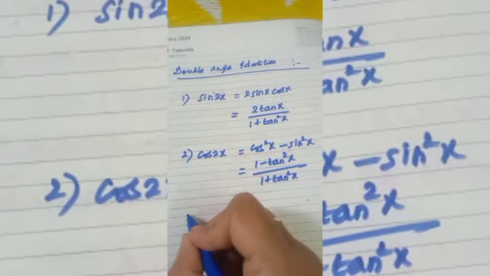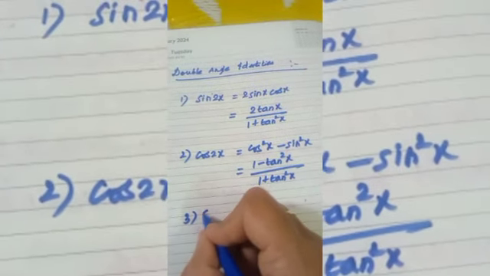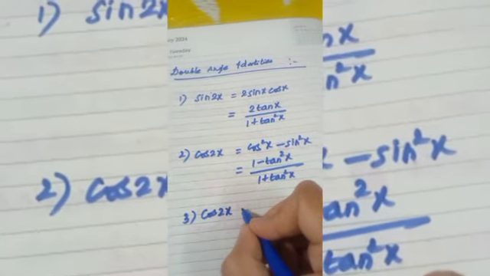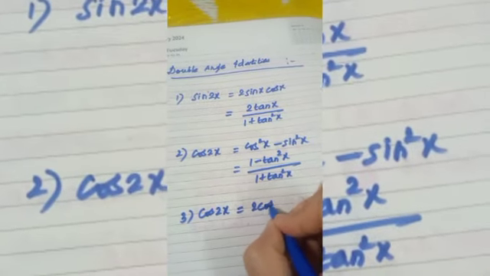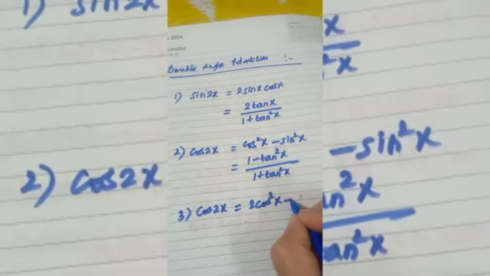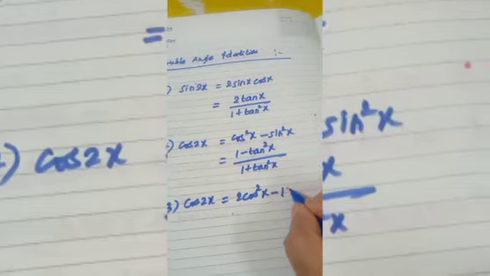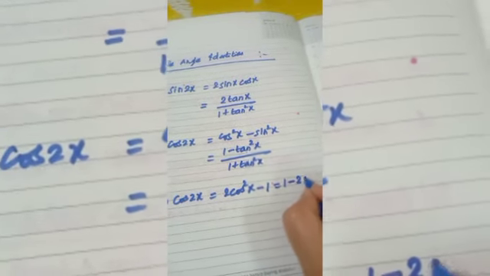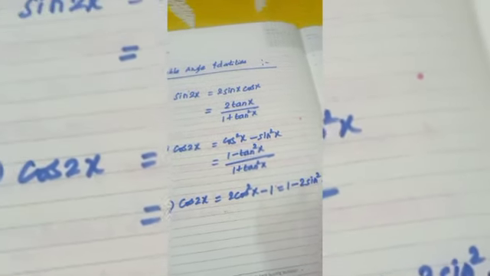Similarly, for cos 2x, we can write it as 2 cos square x minus 1, which is equal to 1 minus 2 sin square x.